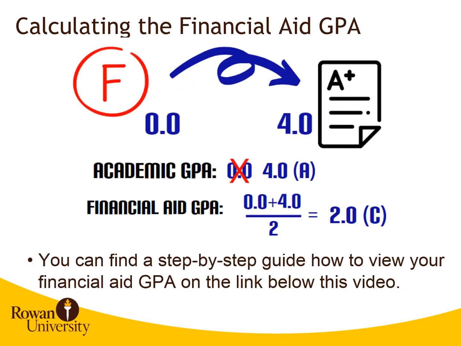Here we're going to look at how the financial aid GPA is calculated compared to your academic GPA. So let's say you take a class and you get an F. You decide to retake that class and you then earn an A. The academic GPA calculation will actually remove the first attempt and keep your second attempt. So you have an A, which really helps your GPA because an A equates to a 4.0 in the GPA calculation.